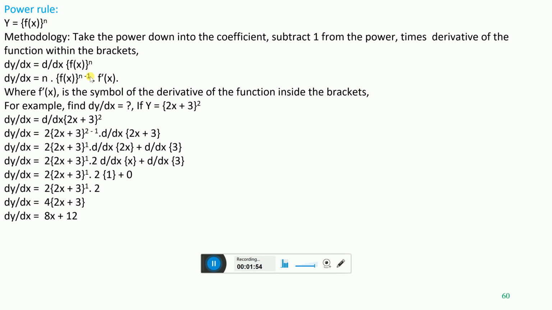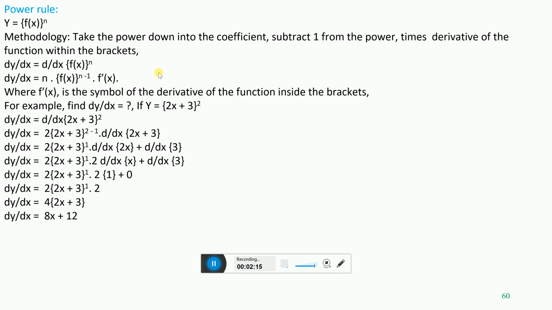This dot means zarab, times, again we take the derivative of the function which is within the brackets. So within the brackets we have the function f of x, and times this is the derivative of those terms which are inside the bracket.